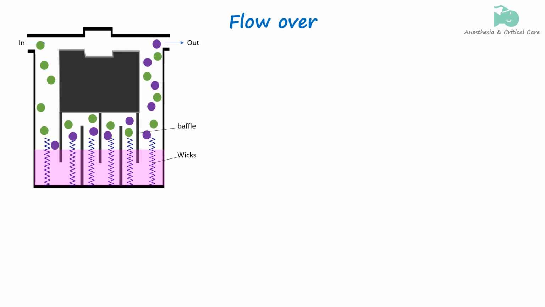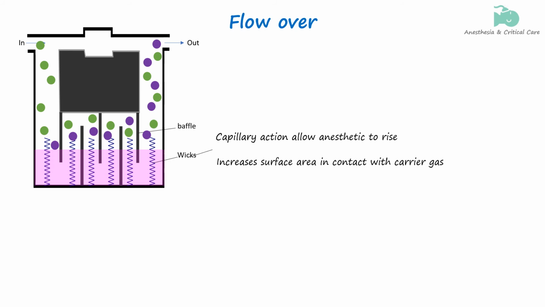As the carrier gas flows over the anesthetic, it picks up vaporized anesthetic molecules, creating a mixture that is delivered to the patient. The vaporizer incorporates wicks made of porous material that extend into the liquid anesthetic. Due to capillary action, the liquid anesthetic rises into these wicks, significantly increasing the surface area of the liquid that is exposed to the carrier gas.